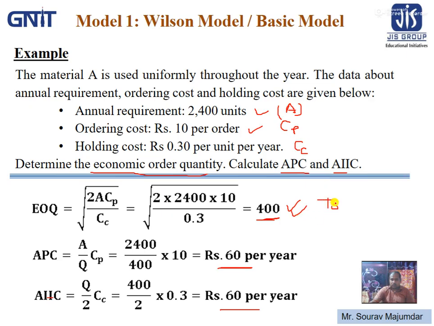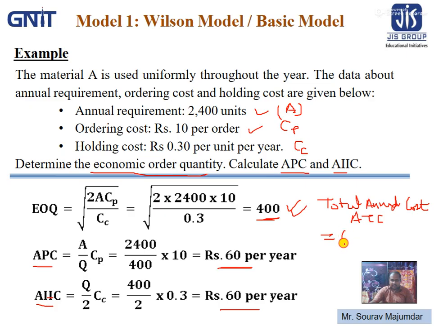So total annual cost, that is ATC, equals APC plus AHC.